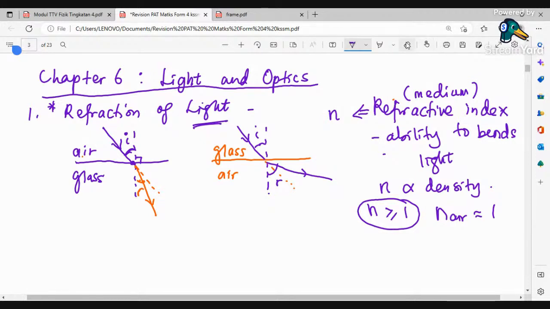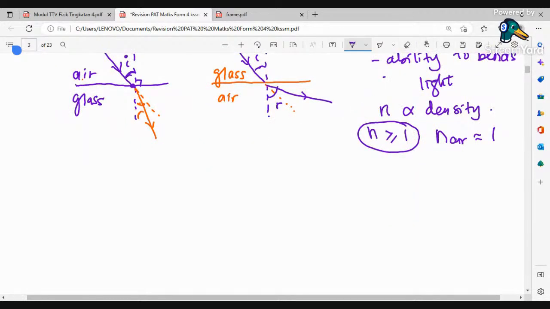That is refractive index. Then you are introduced to 5 formulas for refractive index. First, Snell's law, sin i over sin r. Second, n equals the speed of light in vacuum or air divided by the speed of light in medium, where v is the speed of light in the medium. If you want to determine the refractive index of glass, v is the speed of light in glass.